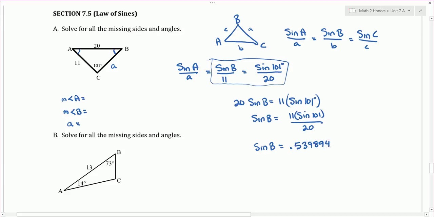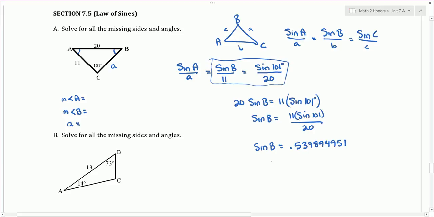I'm going to use as many decimal places as I can in this part because I'm not done solving. When I get to B, I'm going to round to the nearest tenth. But in the process, I want to maintain as many decimals as I can to get more accuracy.